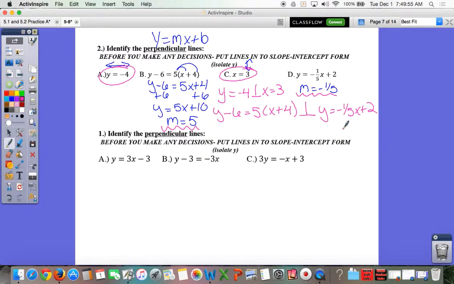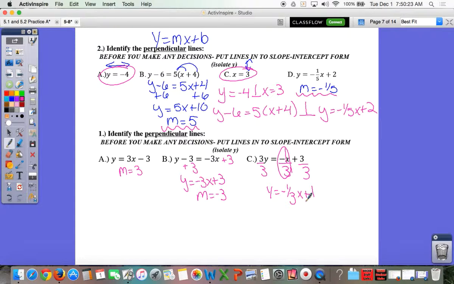And the last one. This one's already in slope-intercept form, so we know m equals 3. All you have to do is just add 3 here to get y equals -3x plus 3. So I know that the slope here is -3. Divide both the left and the right-hand side. Remember, this is like a little -1 in front of my x. So I get y equals -1/3 x plus 1.